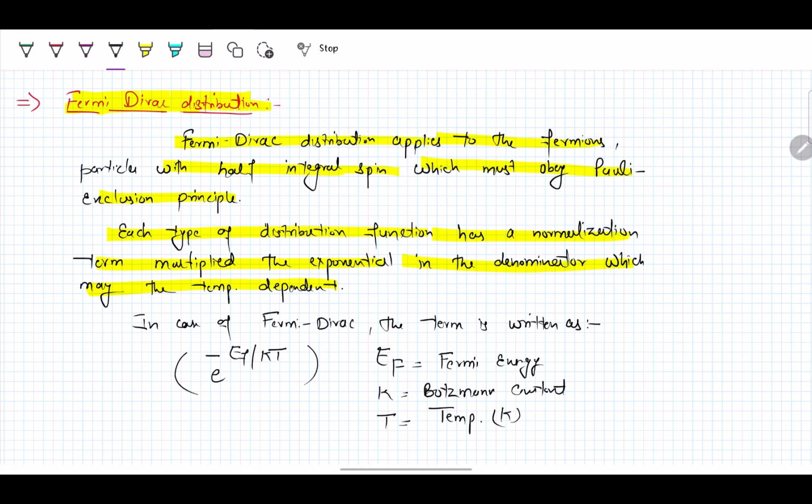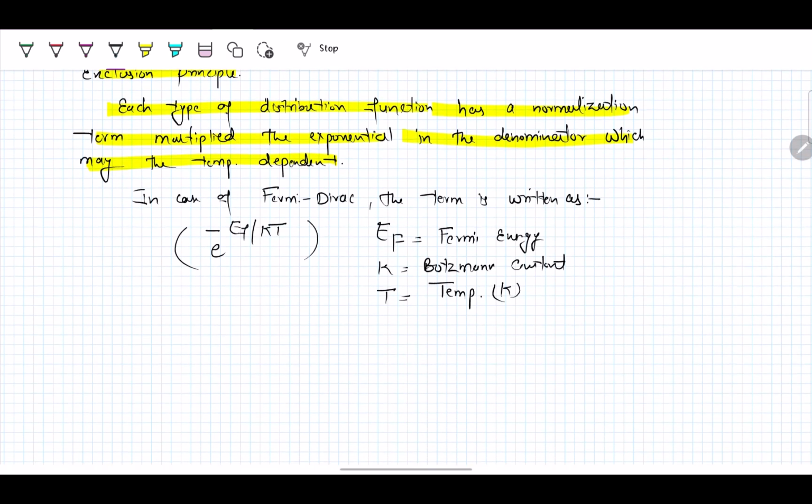Now we have the concept of Fermi energy. Here we have talked about Fermi energy, so let's have an idea about what it is. Before starting with Fermi energy, let's talk about the Fermi level.